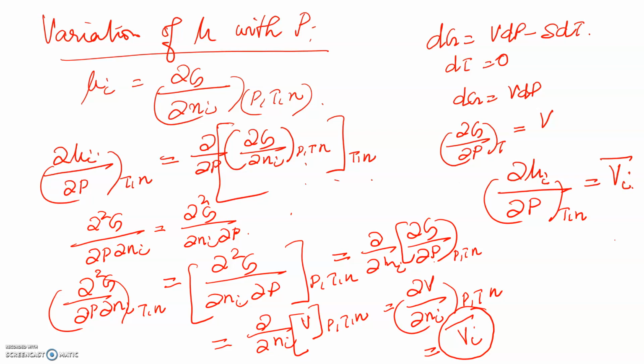By measuring the change in chemical potential with pressure at constant temperature and composition. Or in other words, the rate of change of chemical potential of a constituent with pressure at constant temperature is equal to the partial molar volume of I. The partial molar volume of I will give you the variation of chemical potential of a component with pressure at constant temperature and composition.